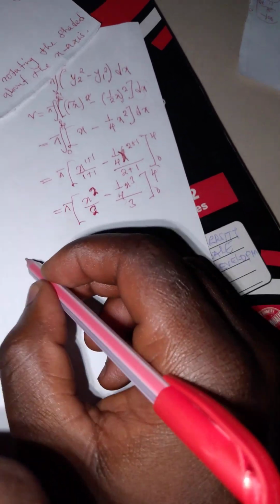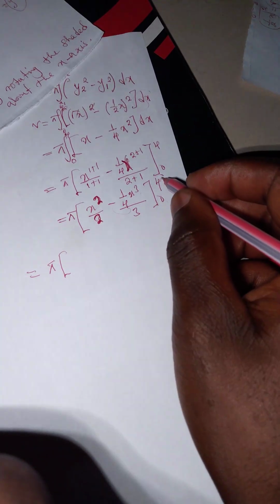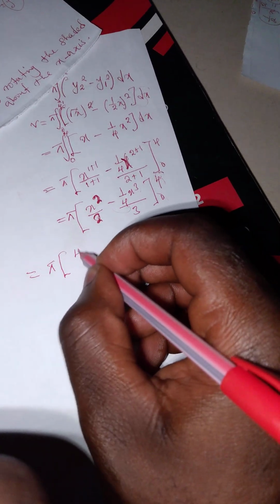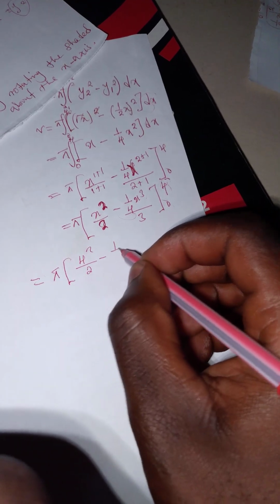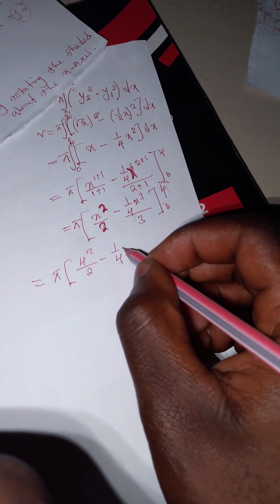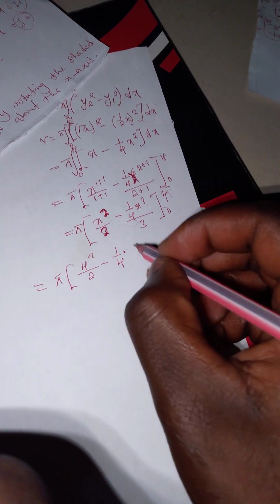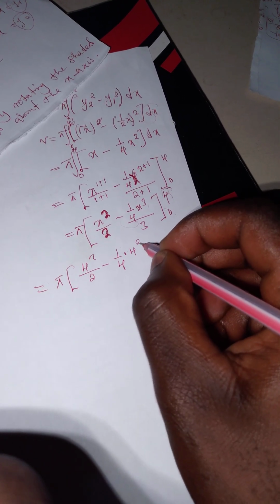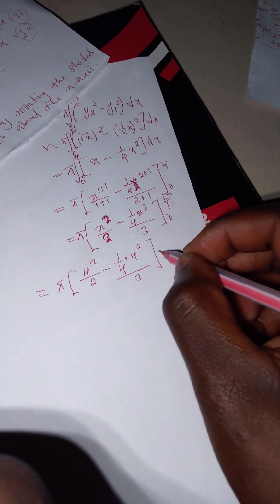So what I'm going to say is this is equal to pi. I start with the upper limit. So it will be 4 squared over 2 minus 1 over 4, then where there is x, I'll put 4 cubed divided by 3. Then I'll say minus.